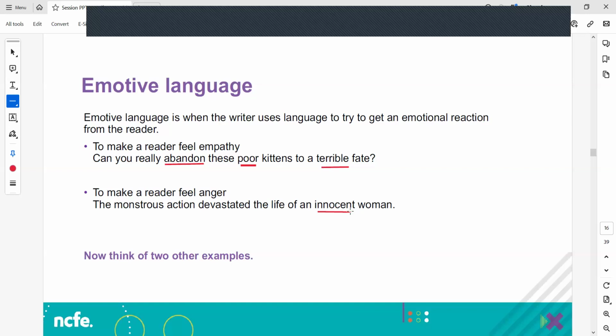So she's innocent. She didn't deserve this. Devastated. Good. Anything else? Monstrous. Good. So the choice of vocabulary there influences how we feel about this woman and what's happened to her.